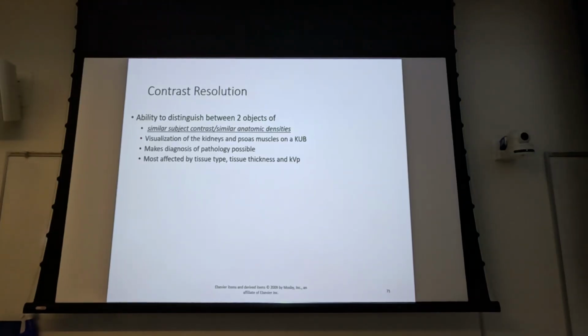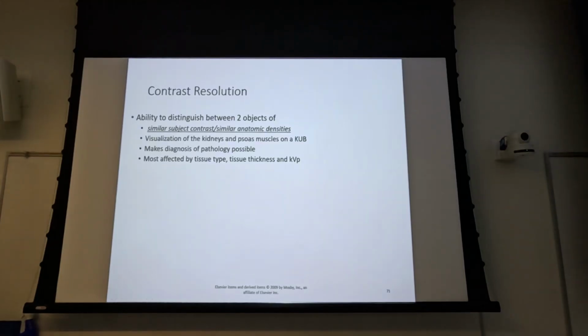In terms of actual visualization and seeing it, it's a perceptual thing, right? So make sure that on the test, you don't confuse the two. The spatial resolution is sharpness of the lines as opposed to contrast resolution being the difference in densities representing the things on either side of that line.